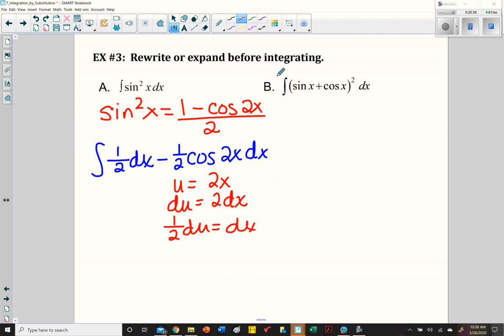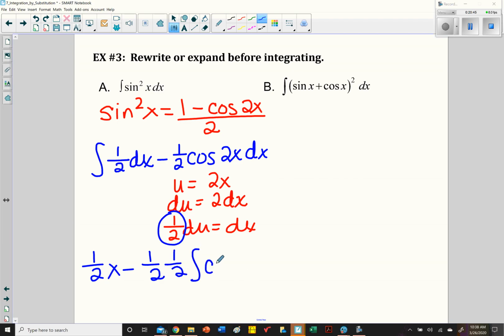Okay? So in this piece, it's very simple. I just have 1/2 x, and then we have a negative 1/2, or subtract a half. We need another half out there for this part.